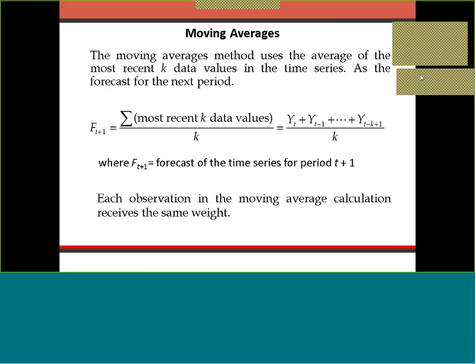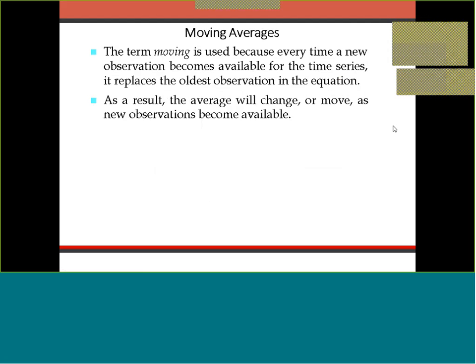So here we are not giving any weight. The term moving is used because every time a new observation becomes available for the time series, it replaces the oldest observation in the equation. That's true, right?